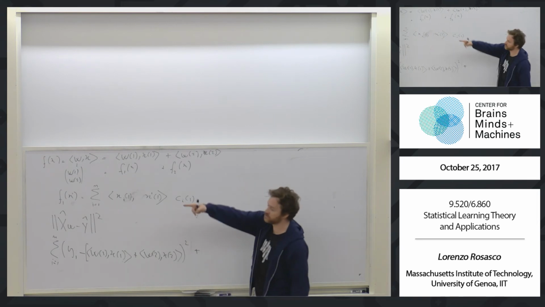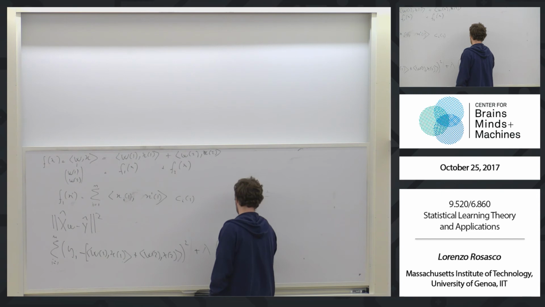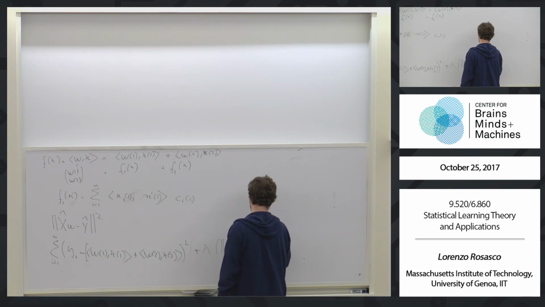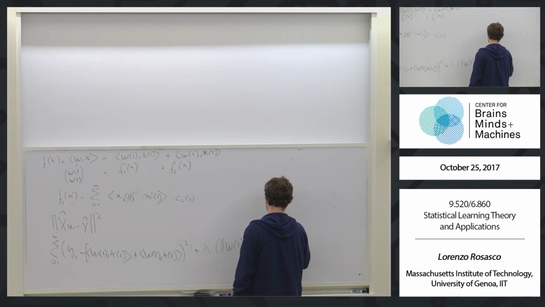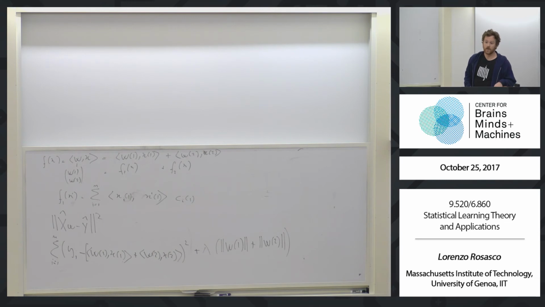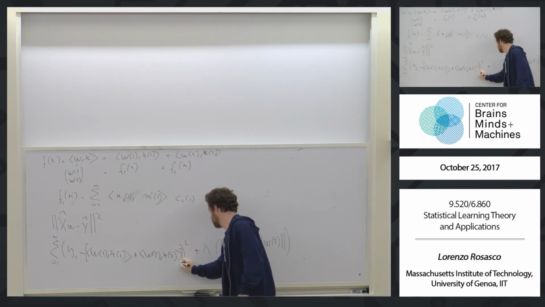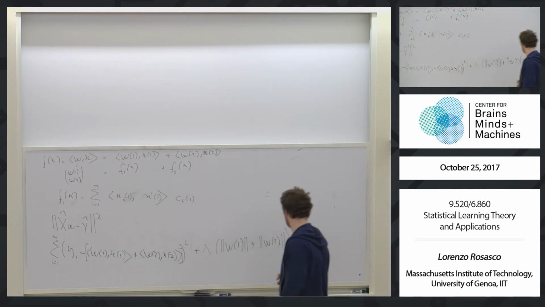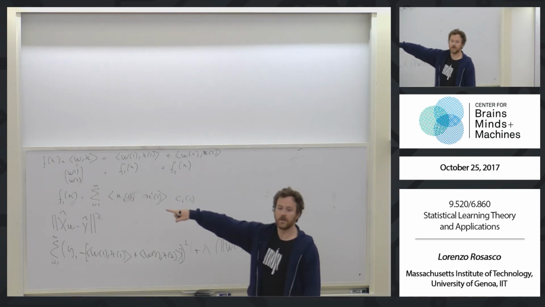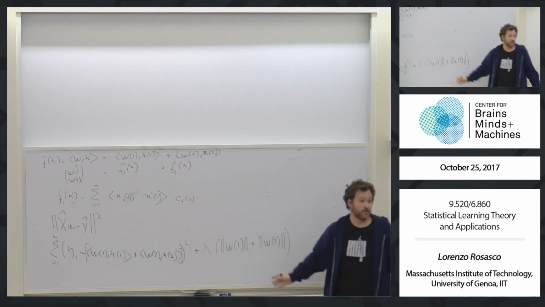And then I have what? Norms. I just have two in this simple case. So I have lambda times the sum of the norm of w1 plus the norm of w2. I just rewrote, if I didn't make too many mistakes, and I'm just missing at least one parenthesis here, these are 2's. I just rewrote this group lasso functional in the case of two groups.